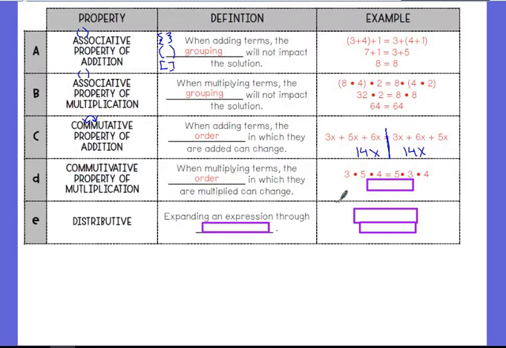So here is an example. 3 times 5 times 4 is going to give me the same answer as 5 times 3 times 4. They're the same numbers, just shuffled. They're both going to give me an answer of 60. Again, how I remember that, my two m's can be flip-flopped, and it's still going to spell the word commutative.